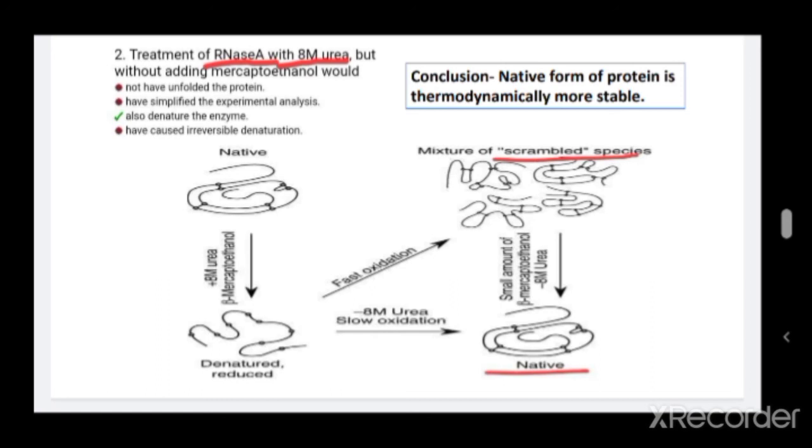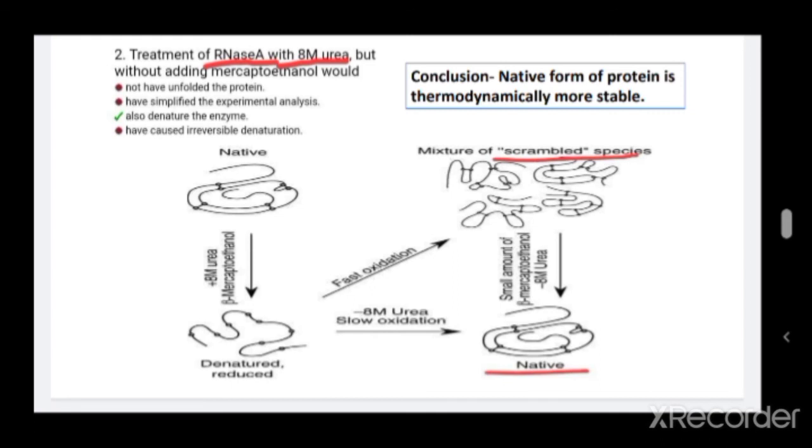So you need to remember 4 cases. When you are adding mercaptoethanol and urea, there will be denaturation. When you are removing them, there will be renaturation as the oxidation of sulfhydryl groups takes place. Then when you are removing the mercaptoethanol but there is still urea, the inactive RNase will form with randomly formed disulfide bonds.